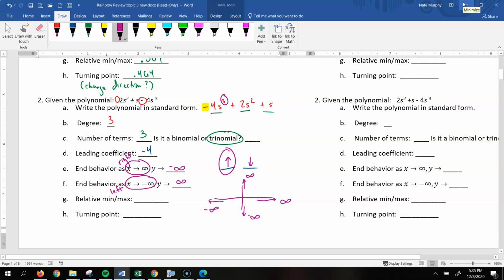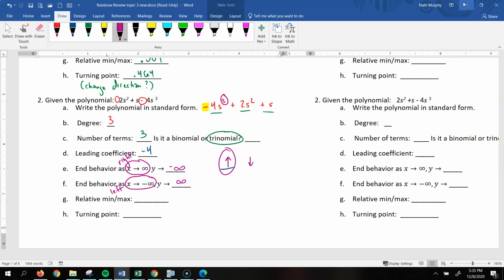So again, I'm just going to, over here, erase this. So we would have a minimum point, the coordinate negative 0.167 and negative 0.093. It had a maximum value of 0.5 and 0.5.